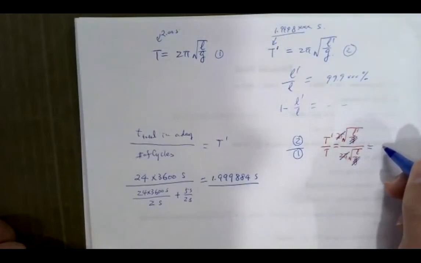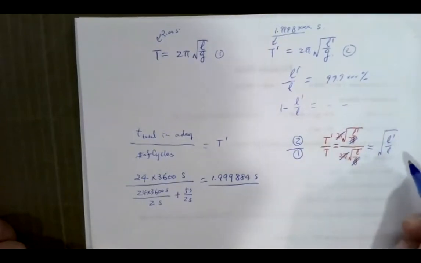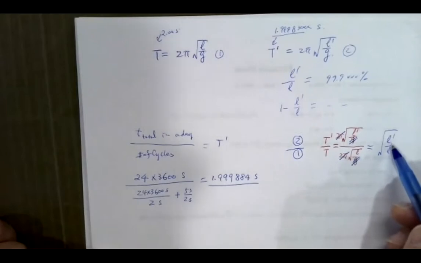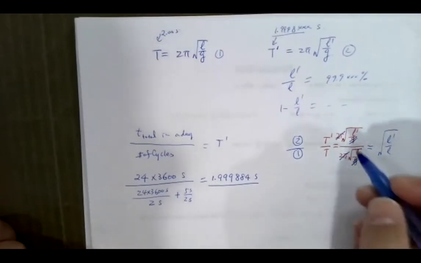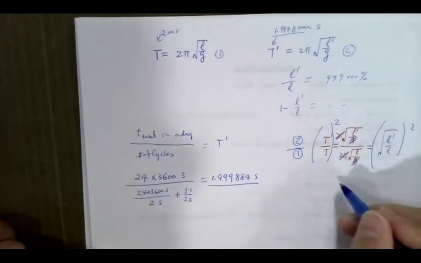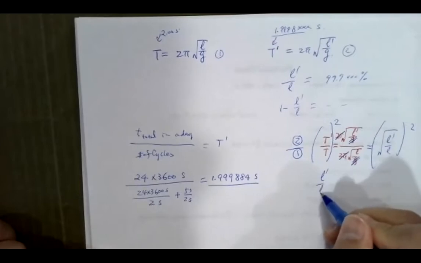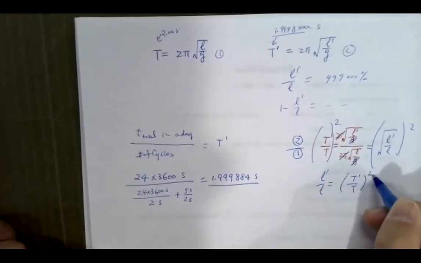This is equal to the square root of L prime over L. What I really need is the ratio of L prime over L. So I can square both sides, and I get L prime over L equals T prime over T, squared.